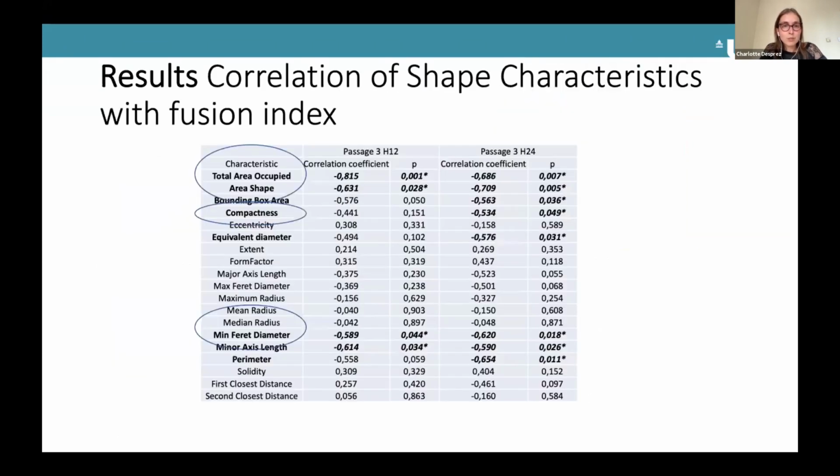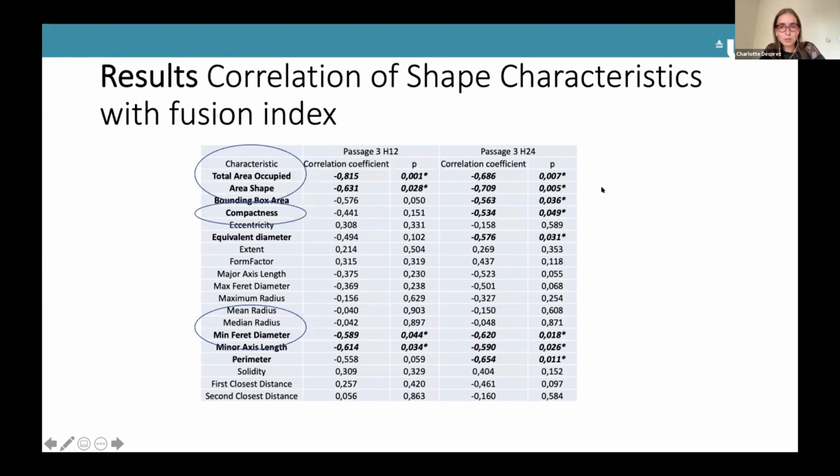Here are our results to see if there was a correlation of different shape characteristics with the fusion index at 12 hours and 24 hours. Among all the characteristics, we found that at 12 hours, the total area occupied by the cells and the surface area occupied by the cells were negatively correlated with the fusion index, and also the width parameter, corresponding to the minimum Feret diameter and the minor axis length.